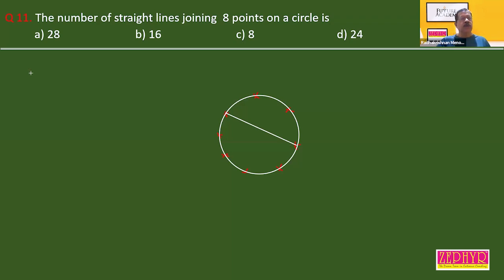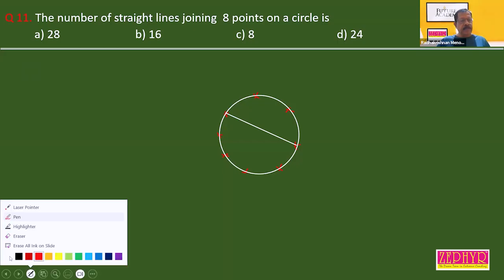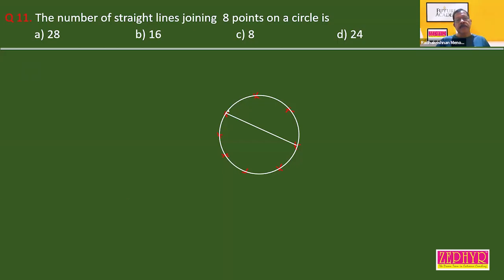If you select these 2 points, you are getting a straight line. If you select another 2 points, suppose this point and this point, you will be getting another straight line like this.